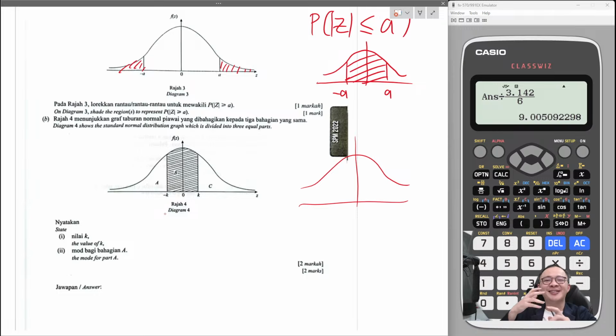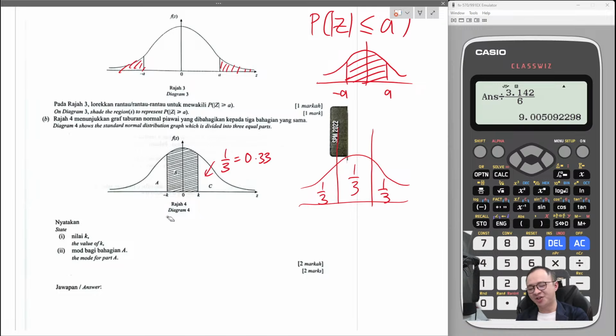You don't have something like 120%. So if I divide them equally into 3 parts over here, it will be 1/3 for each, because 1/3 plus 1/3 plus 1/3 is equal to 1. So therefore, I know here is 1/3.